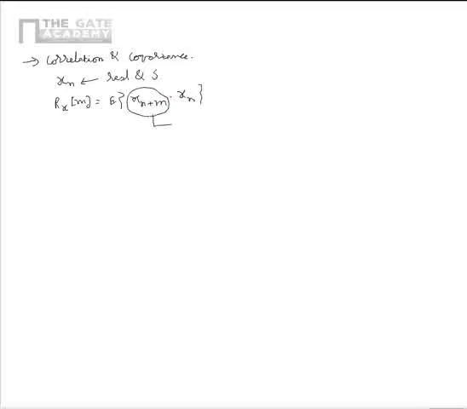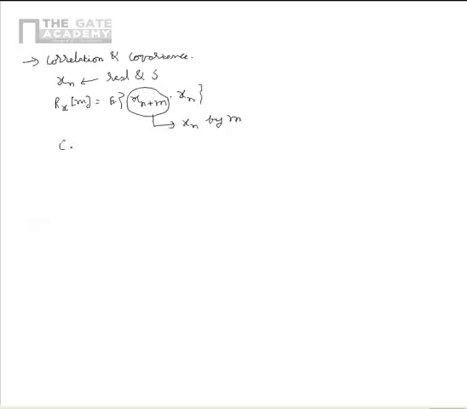Now let us discuss another topic, which is correlation and covariance. Given any signal x(n) which is real and stationary, its autocorrelation function Rx(m) is defined as the expectation of x(n plus m) multiplied by x(n), where x(n plus m) is the shifted version of x(n) by m.